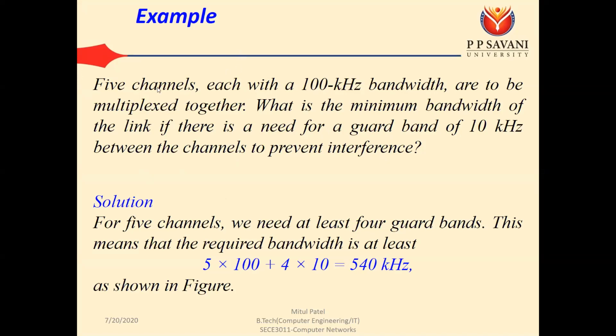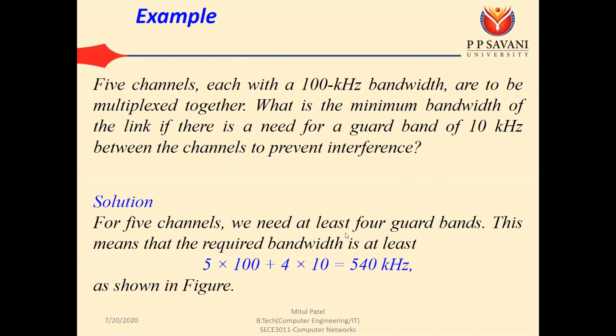So there are 5 channels, and for each channel the requirement is 100 kilohertz. So the total requirement for the 5 channels is 500 kilohertz. Plus we require guard bands. There are 5 channels, 1, 2, 3, 4 and 5. So we need a guard band between the first and second, between the second and third channel, between the third and fourth, and between the fourth and fifth.